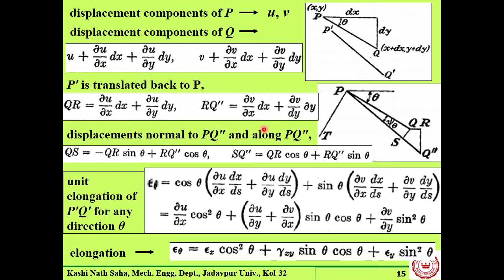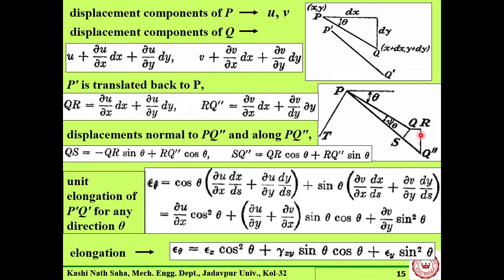Now from here, if these two are known, we can find out this QS and S Q double prime with reference to these two lengths, these two lines, is it not? Okay.